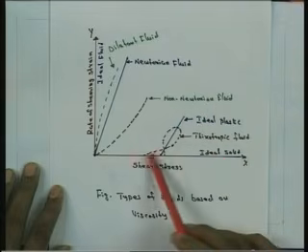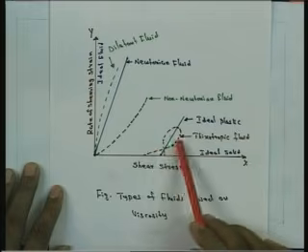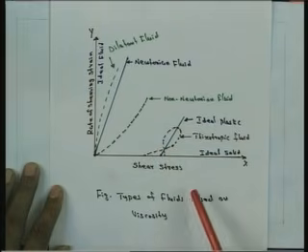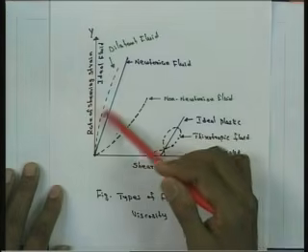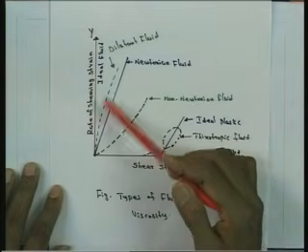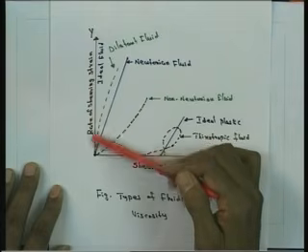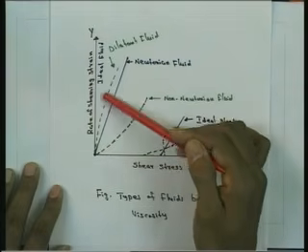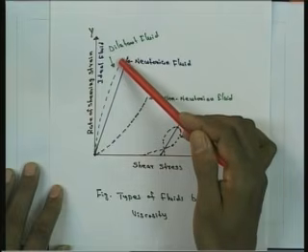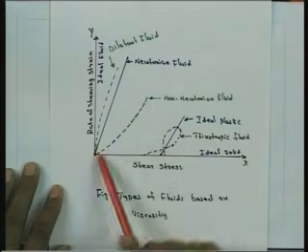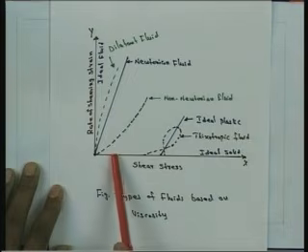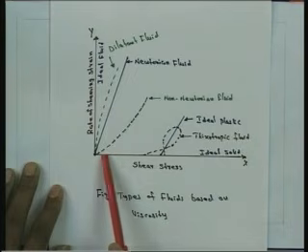And if the variation is again non-linear like this, then it is called a thixotropic fluid. And if the strain is increasing like this in this figure, that kind of fluid is called a dilatant fluid.